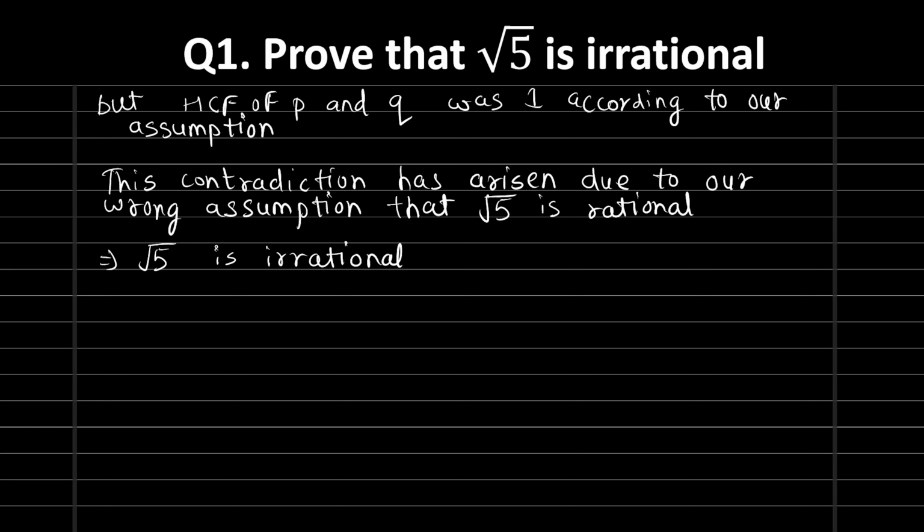So there is a contradiction, which has arisen due to our wrong assumption that root 5 is rational. So we conclude that root 5 is irrational.